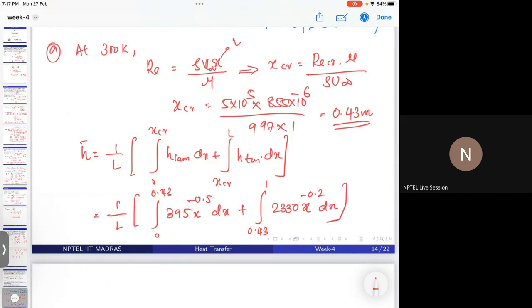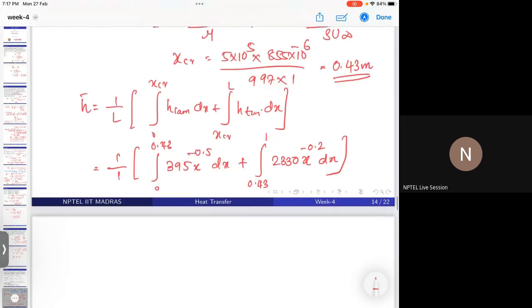Here L is equal to 1, so I'm writing it as 1. You can just calculate it; I hope you can do this integration. If you integrate, you will get h bar equal to 1620 watt per meter square Kelvin.